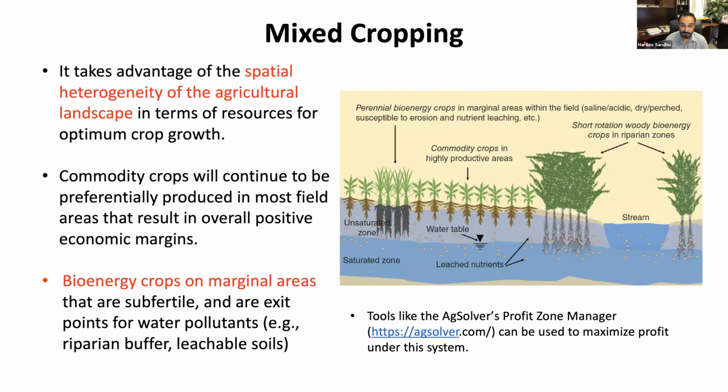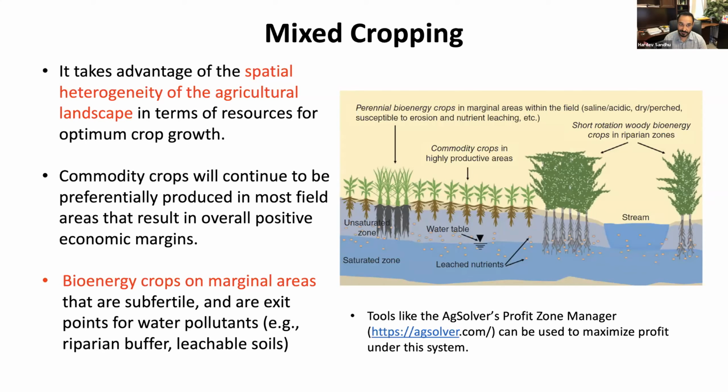That means we have to identify the areas which are subfertile, or where there is a low or high water table, and the commodity crop can't grow very well and may not yield well or may not survive.